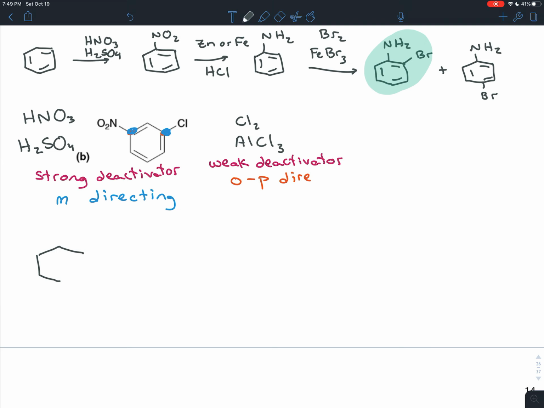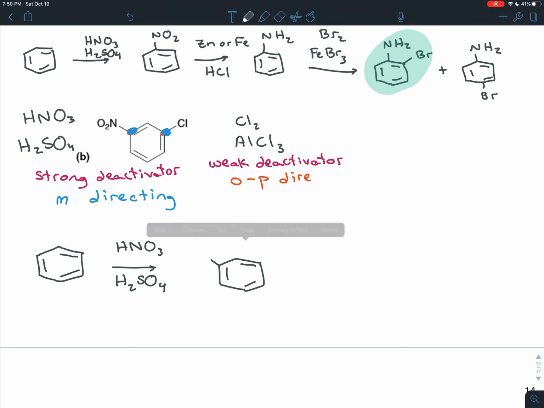So we'll start with benzene. In each one of these exercises, we need to start with benzene. We'll put the nitro group on first: HNO3, H2SO4. Now that's going to deactivate the ring, so doing this in a laboratory will be kind of a pain because this will take a while to react. All of the positions on the benzene are symmetrical, but just so it matches the exercise, there's our nitro group.